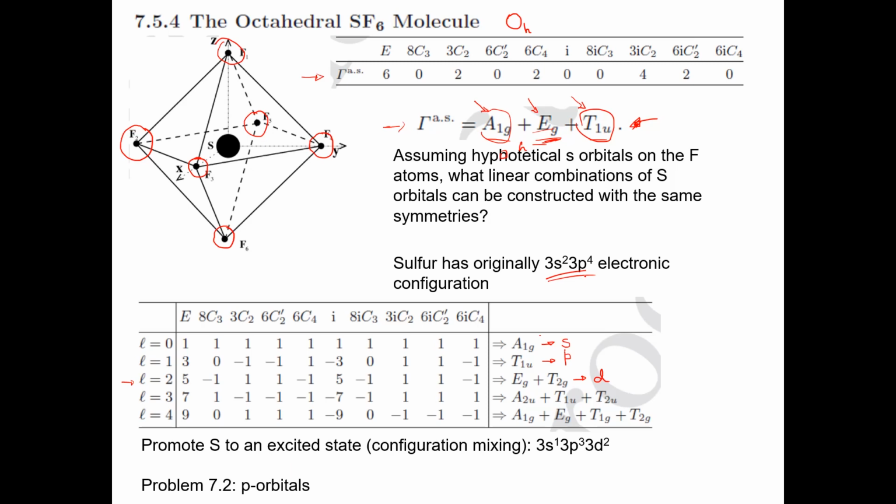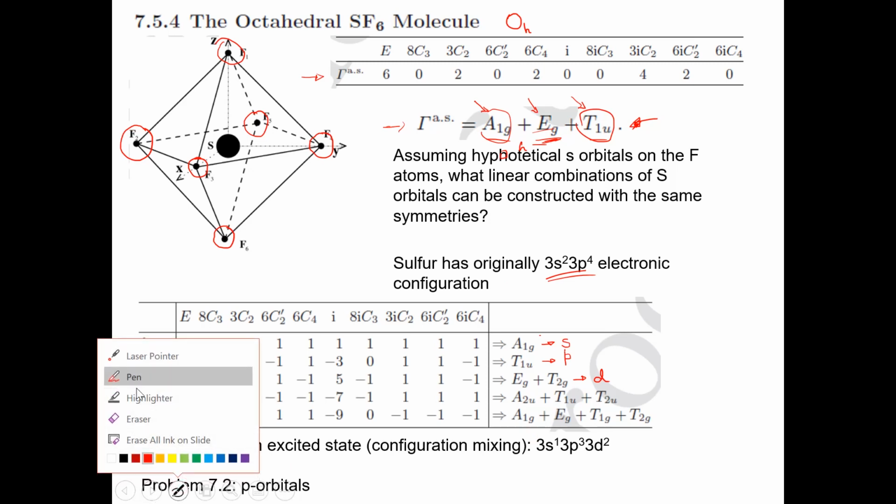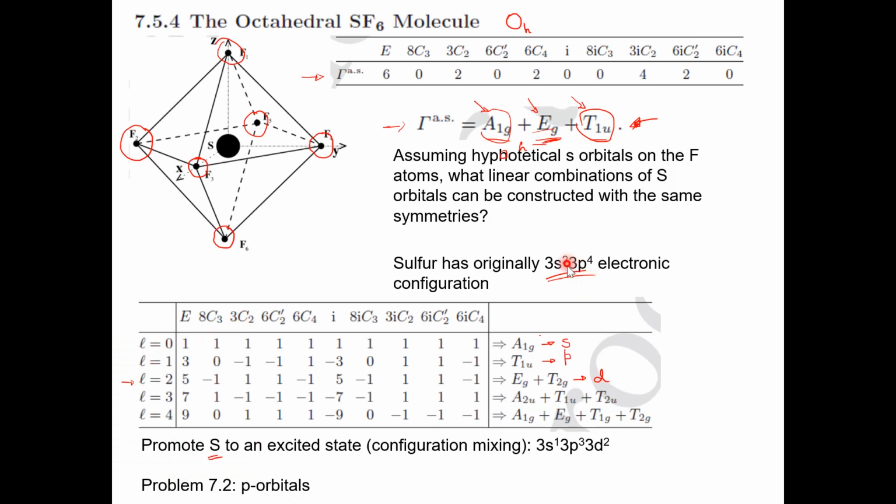So the system gets more stability by making this covalent bond. The way to do it is to promote the sulfur atom to an excited state. This is called configuration mixing. So instead of having the ground state configuration 3s2, 3p4, it promotes 2 electrons, one from s and the other from p, to the d orbitals.